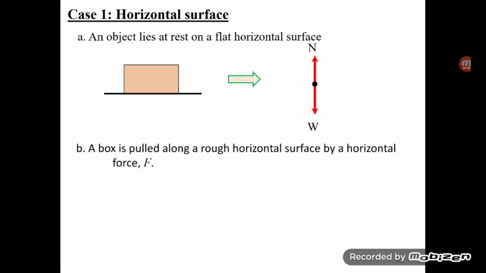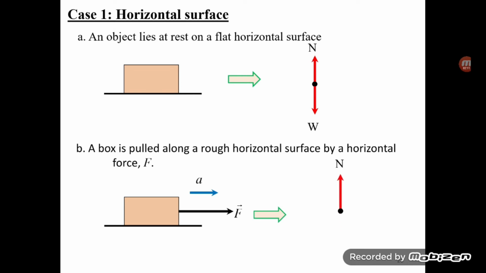B. A ball is pulled along a rough horizontal surface by a horizontal force F. Free body diagram: we have normal force perpendicular to the surface.